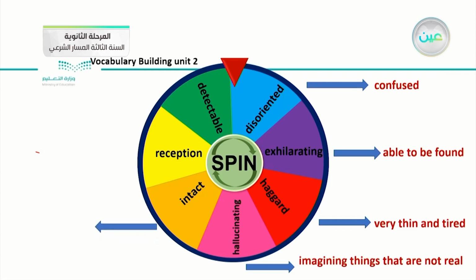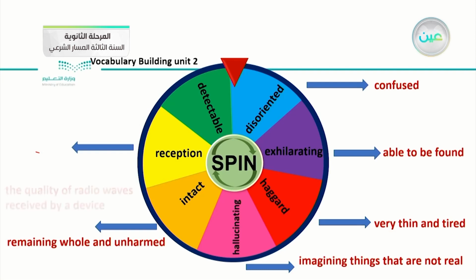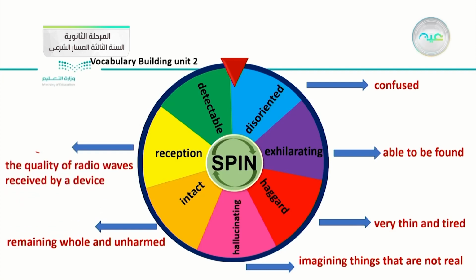Intact, remaining whole and unharmed. And number 6, reception. What do we mean by that? The quality of radio waves received by a device. And the last word is detectable, which means able to be found.